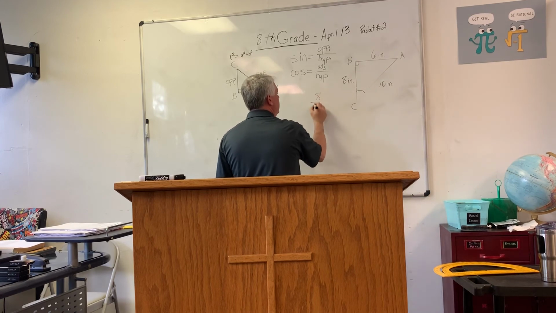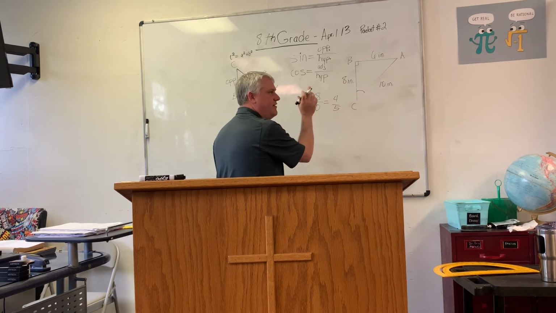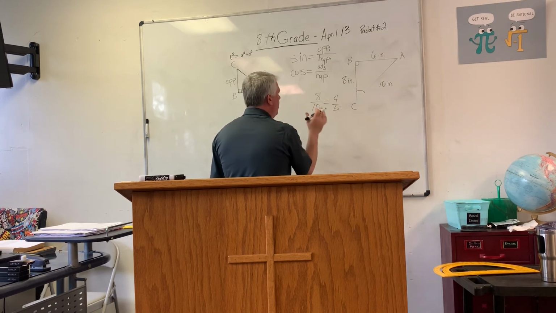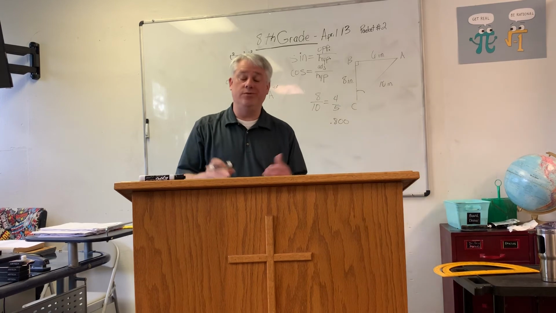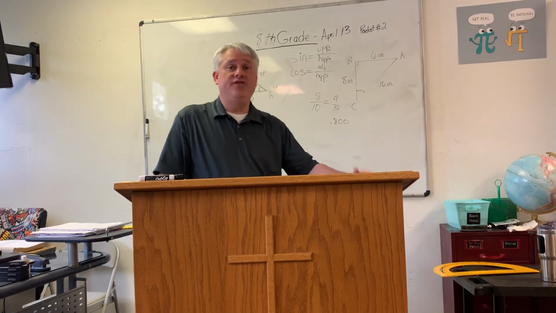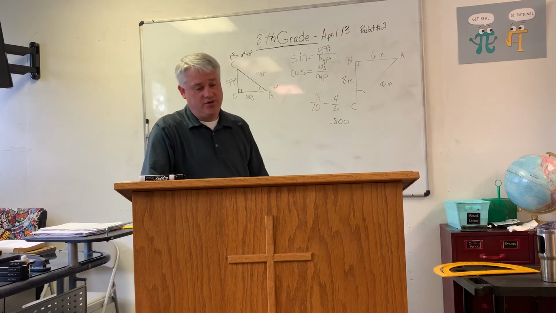So it's 8 over 10. We reduce that to 4 over 5. There's my cosine ratio. My cosine decimal then would be 4/5 as a decimal, which is 0.800. You should have that memorized. If not, divide 5 into 4, so on and so forth.